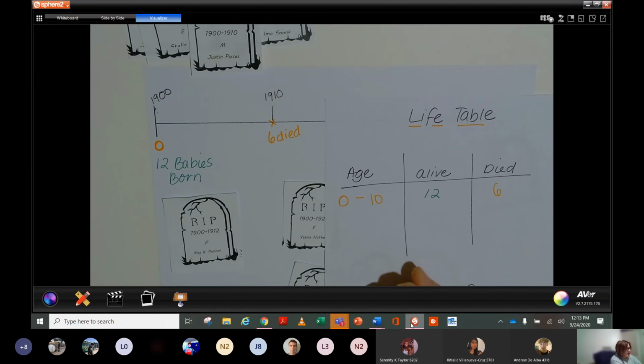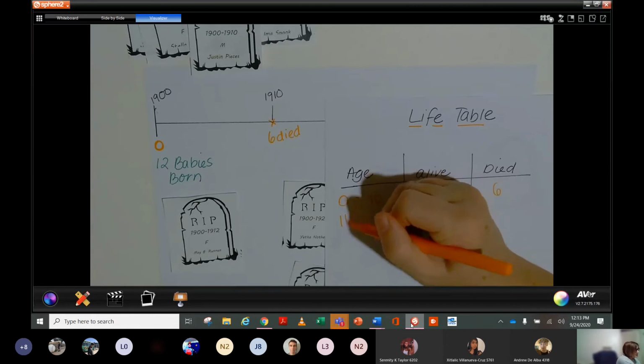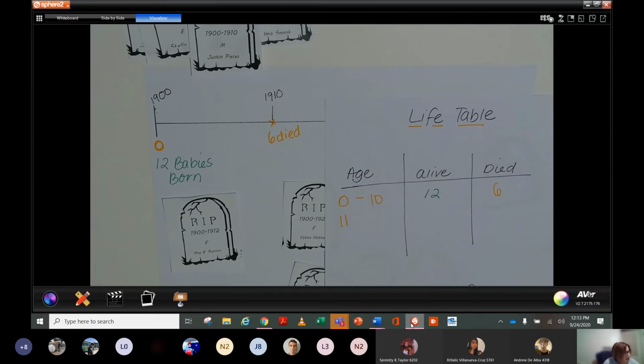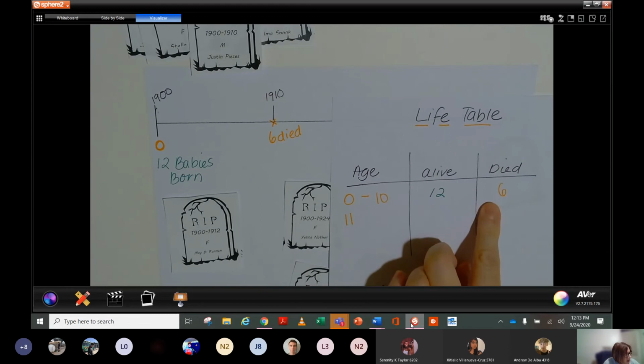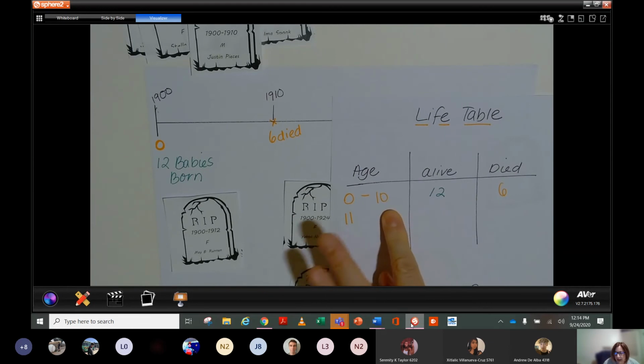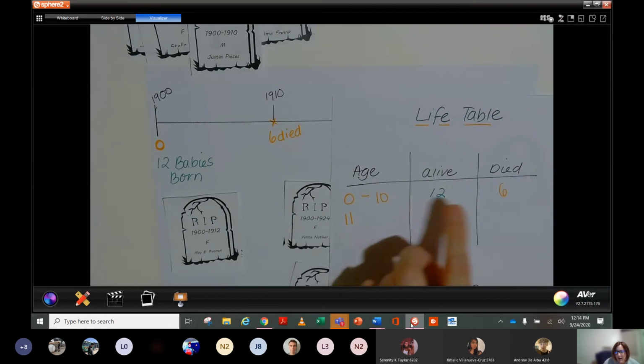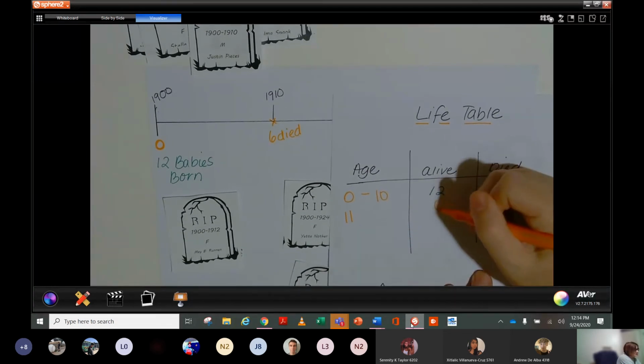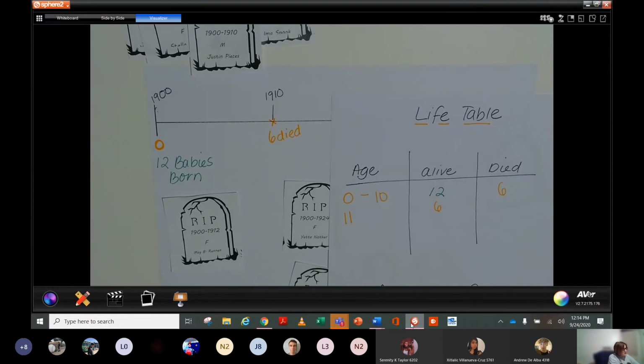Okay. So here's a question. How many were alive or survived to be 11 years old? So 12 were born in 1900, 6 of them died by 1910. How many were alive in 1911? How many survived to be 11? Well, 12 minus 6 is 6, right?